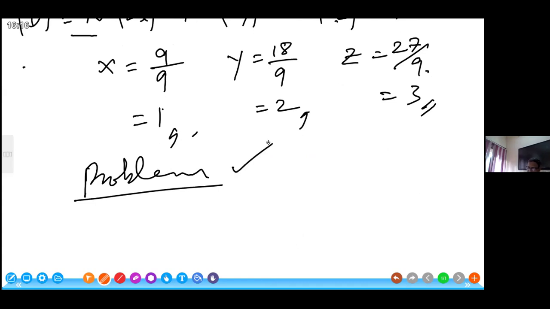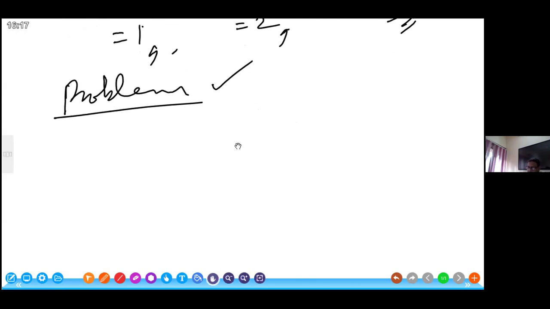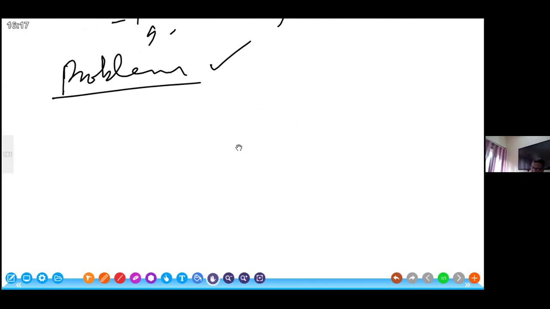That is okay. Even within linear equations, there are some limitations. What are those? Look at this.